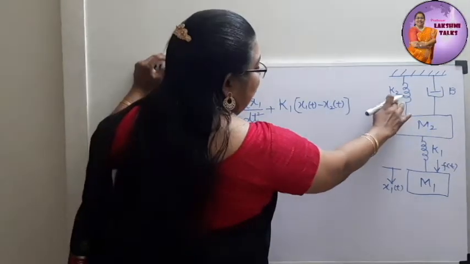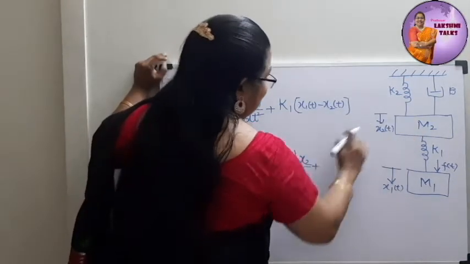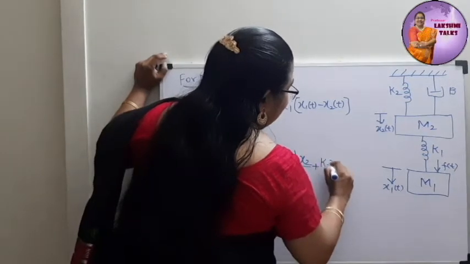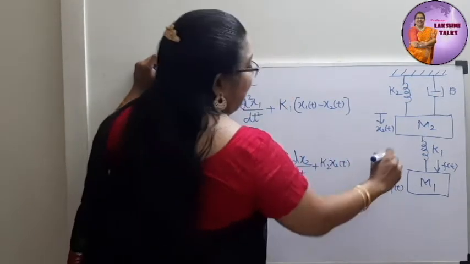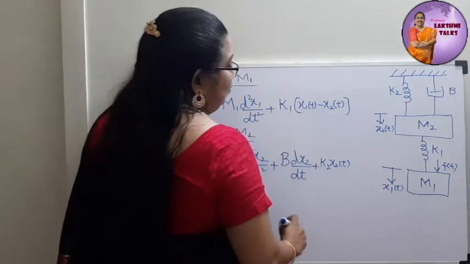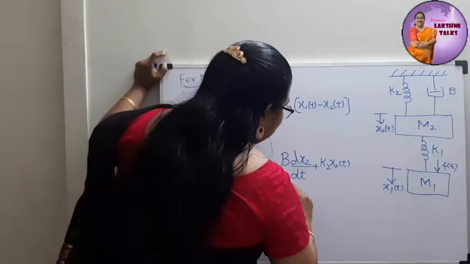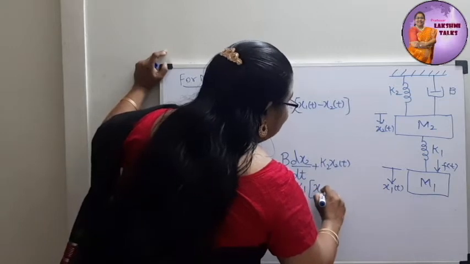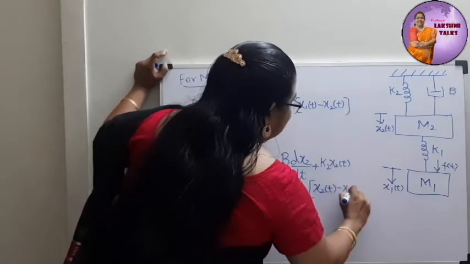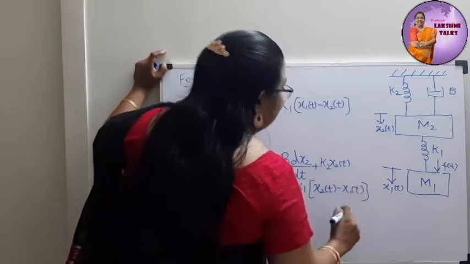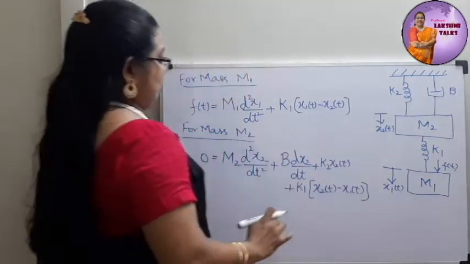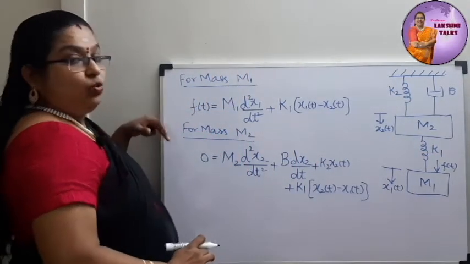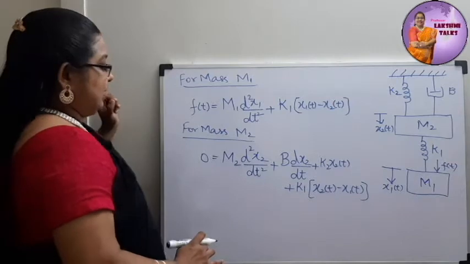One spring k2 is attached only to mass m2, so it is k2 x2 of t, and the other one is between mass m2 and m1, so it will be plus k1 into x2 of t minus x1 of t, as we are considering the mass m2. So these are the two equations for the mechanical system.